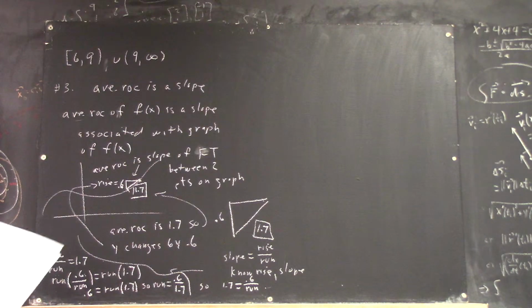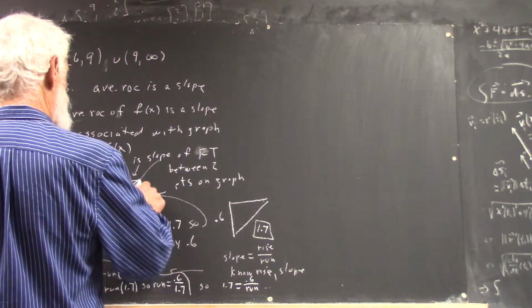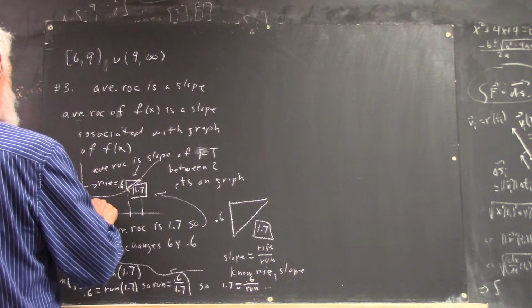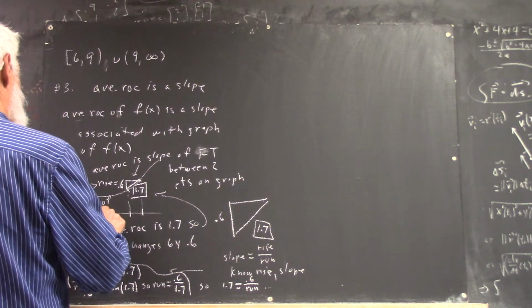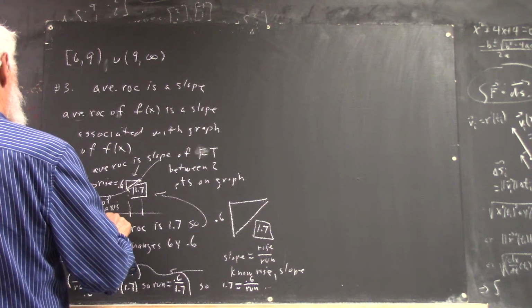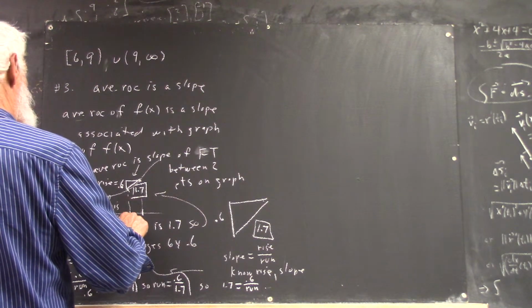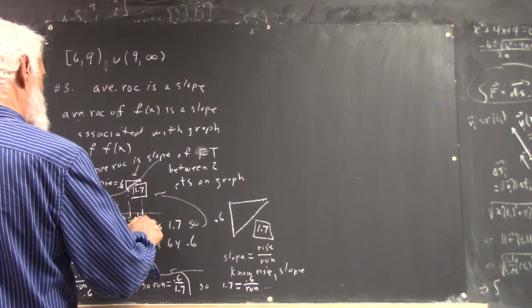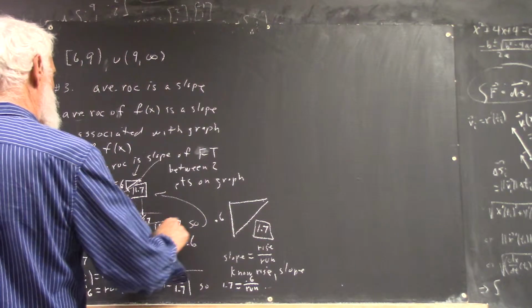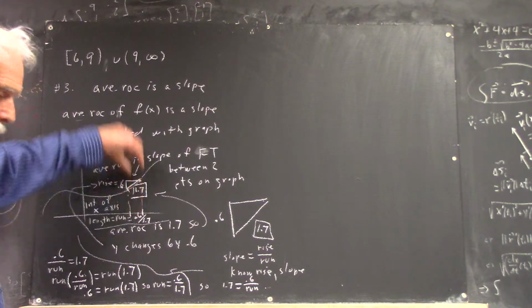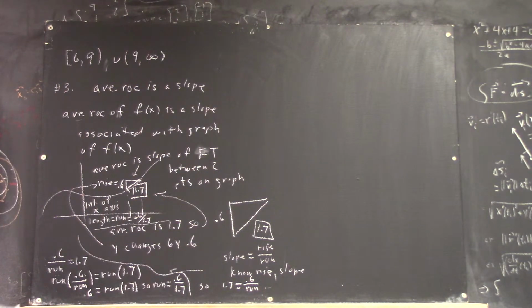Yeah, well, the length of the interval, here's the interval. And the length of that interval is equal to the run because of right angles and all that stuff. So there you have it. Does that make sense?